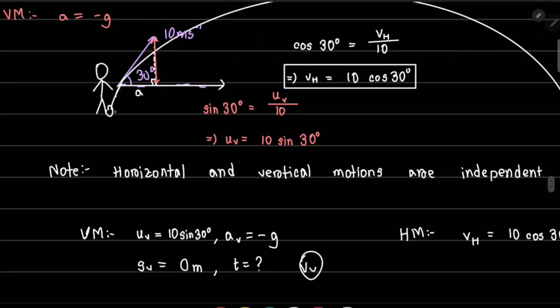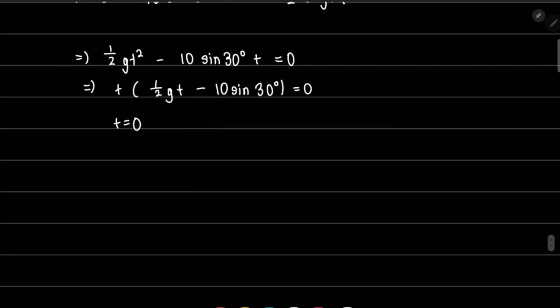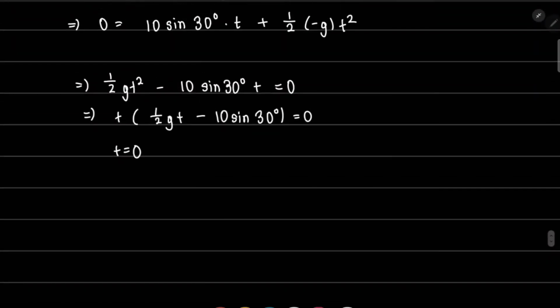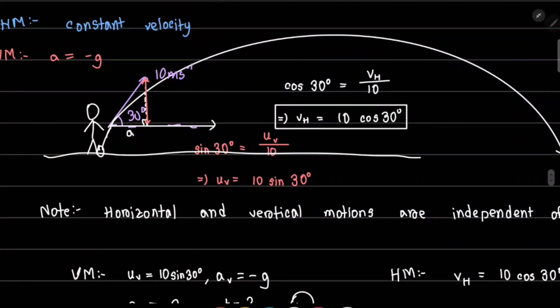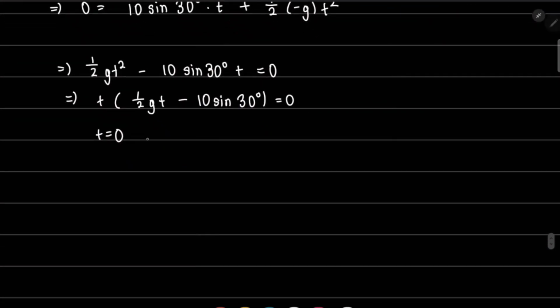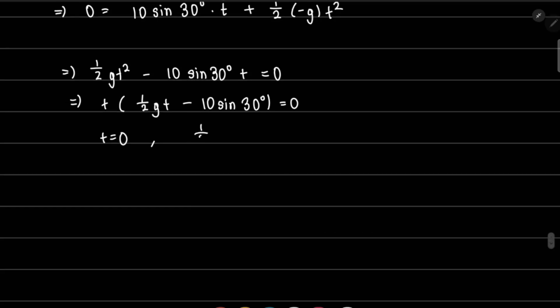At the start, the ball was level with the ground. So the t values we get are the times at which the ball is at the ground level. The second value of t will be found using this. Half g t minus 10 sine 30 is 0.